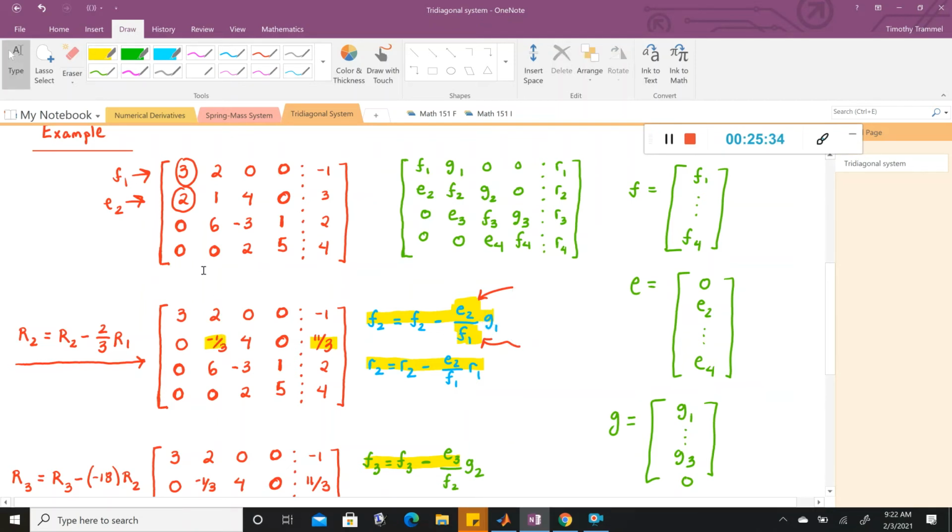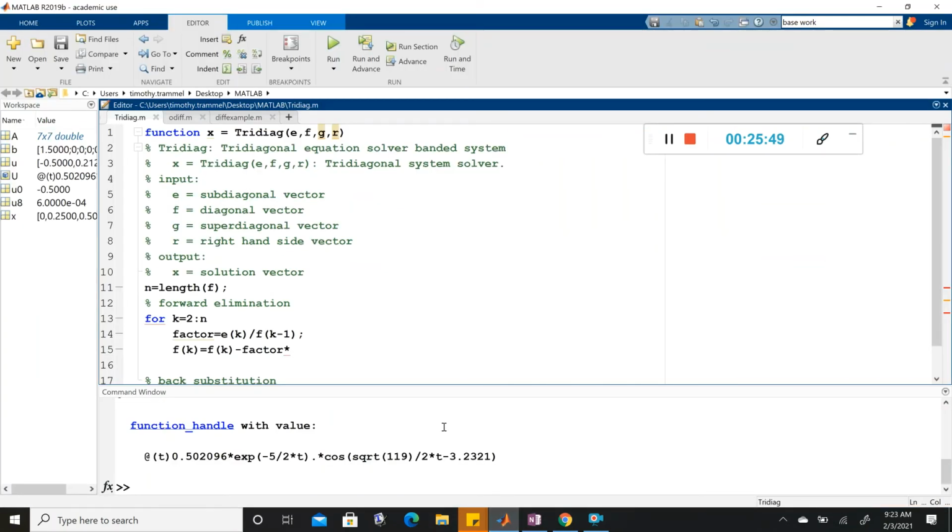If we were looking at F2, the thing above it is G1. So this is going to be times G of k minus 1.